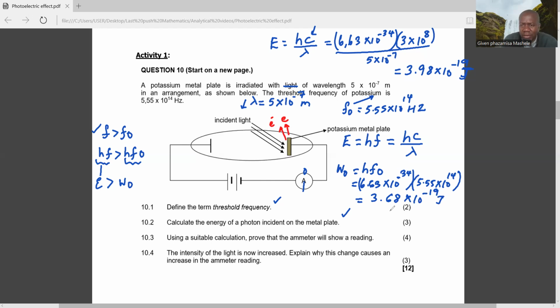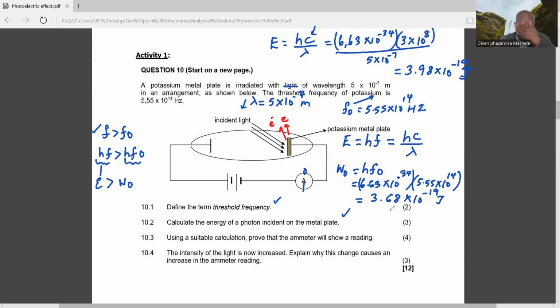The energy of the photon is 3.98 times 10 to the power minus 19, compared with 3.68 times 10 to the power minus 19.